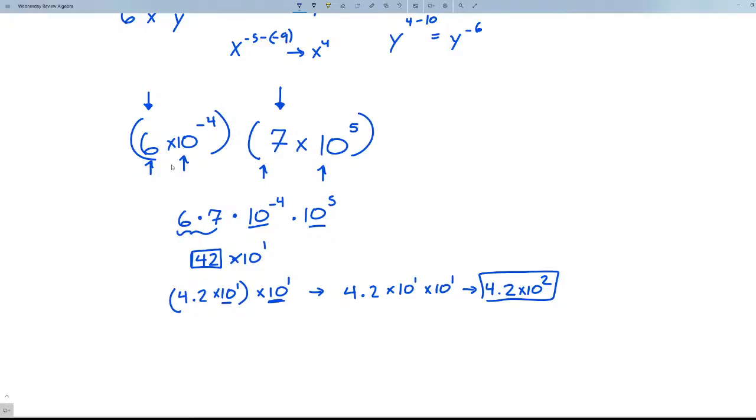Let me reiterate that, in case I misspoke. If you have a negative exponent on a variable, you're going to simplify until you have a positive exponent on that variable. If you're dealing with scientific notation, I am okay with a negative exponent on your base 10, because you do use negative exponents on base 10 for scientific notation.